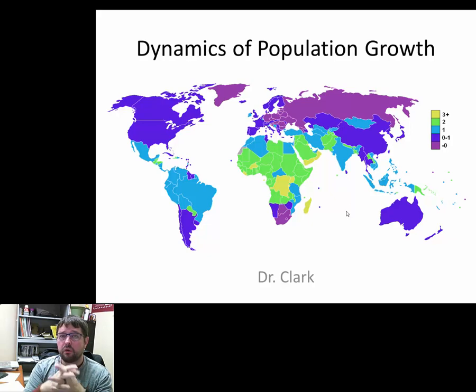We've added almost 6 billion people to the planet in 80 years. That's an alarming rate. Most people have grandparents or parents that are 80 years old or approaching 80 years old, and would remember when the planet had 2 billion people on it, and now the planet has almost 8 billion people on it.